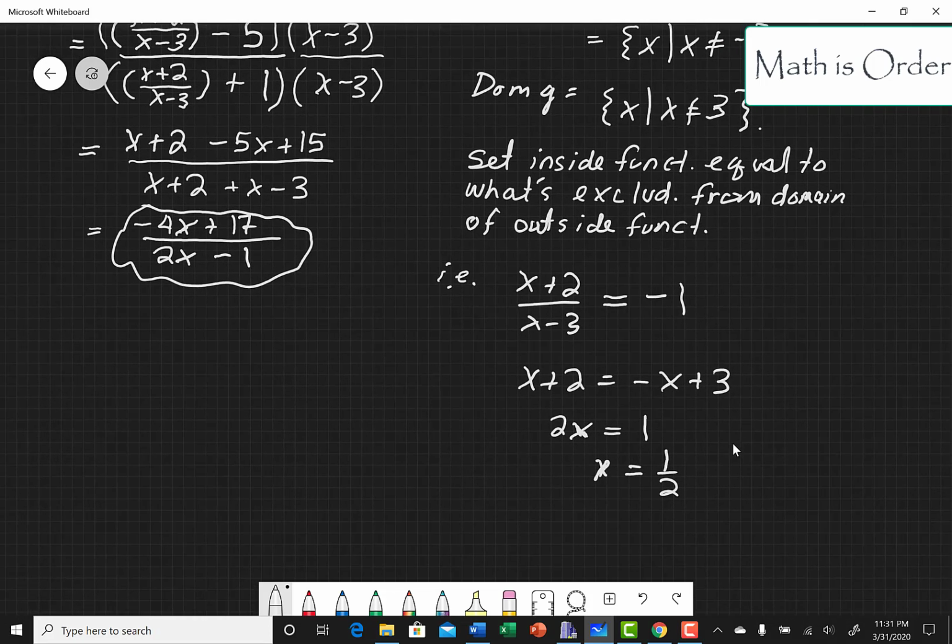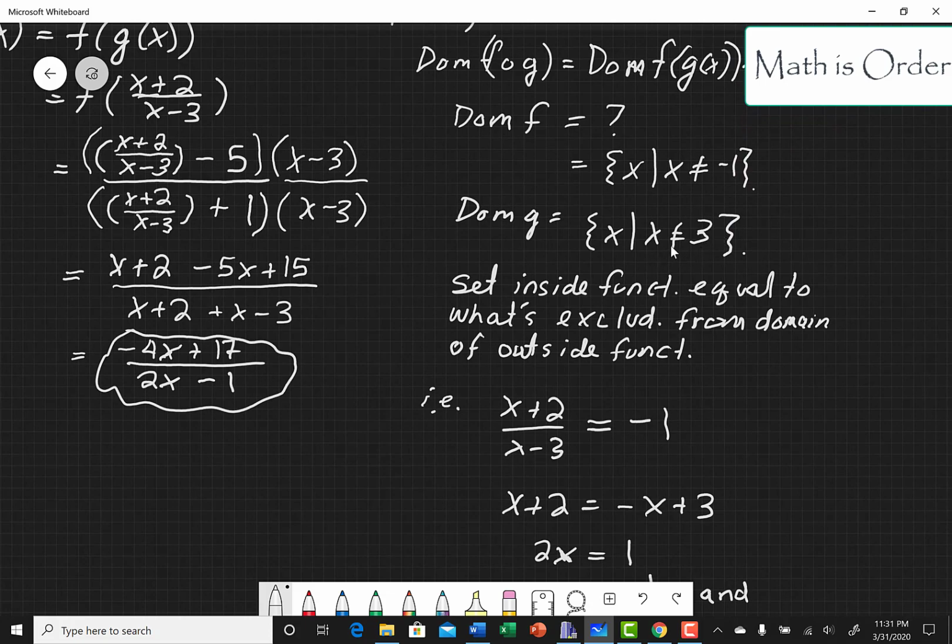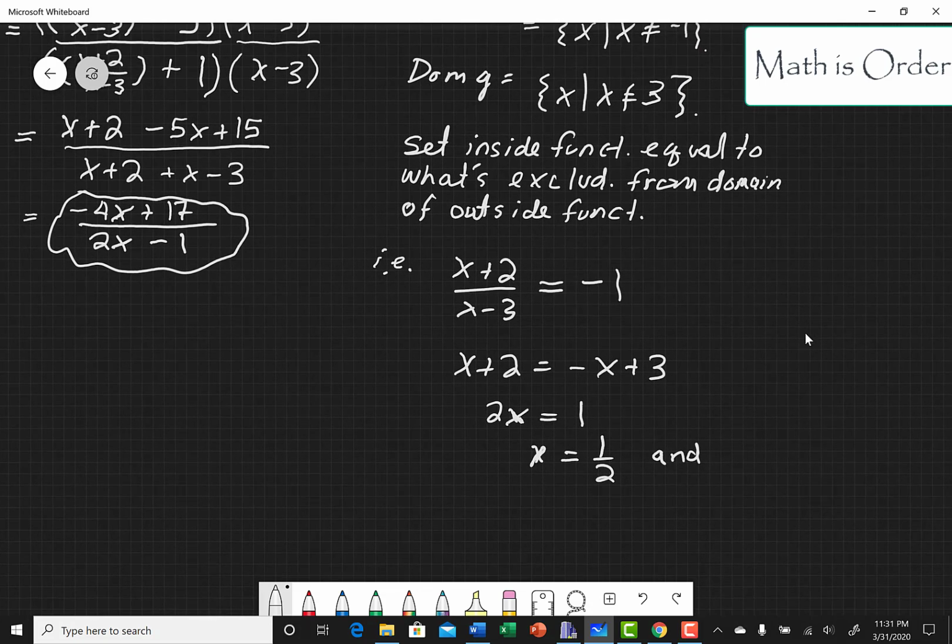So this, and whatever is excluded from the inside function, which is 3, these cannot be in the domain.